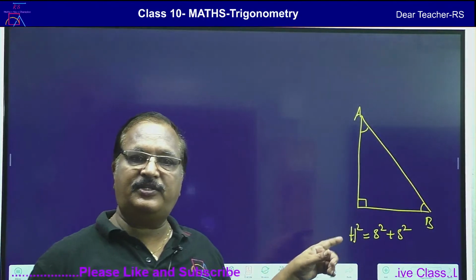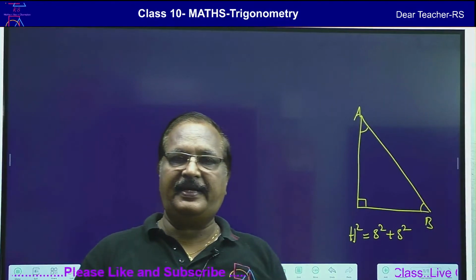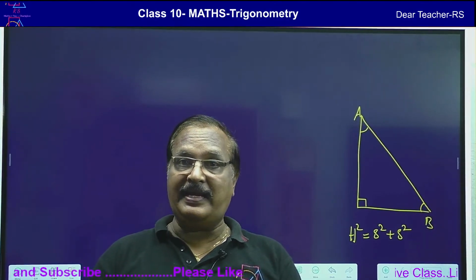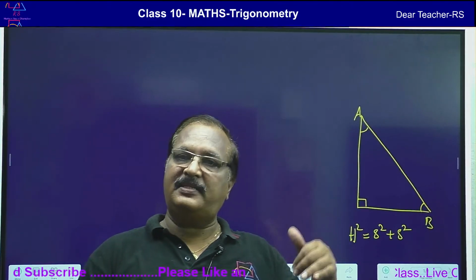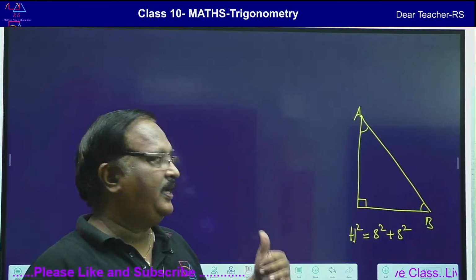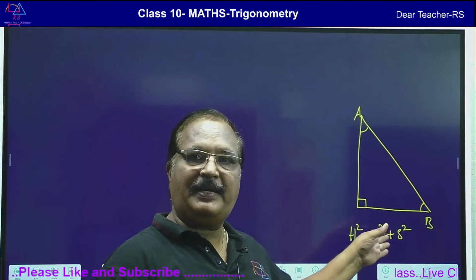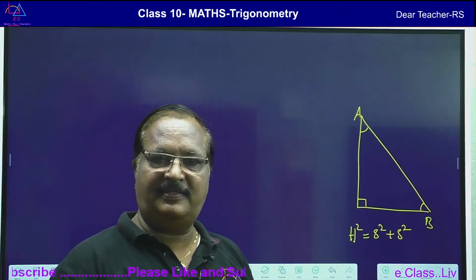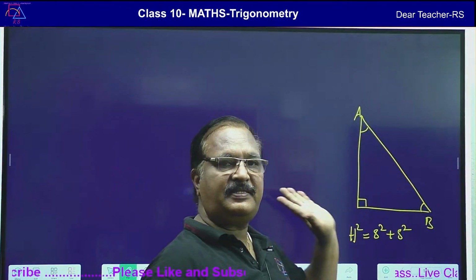This relation is only between the sides. Now in trigonometry, we get the relation between the angles and the sides of this right angle triangle. Angles and the sides is the main speciality of trigonometry. We are learning this Pythagoras theorem right from class 6, so everybody knows the hypotenuse square is equal to side square plus side square.